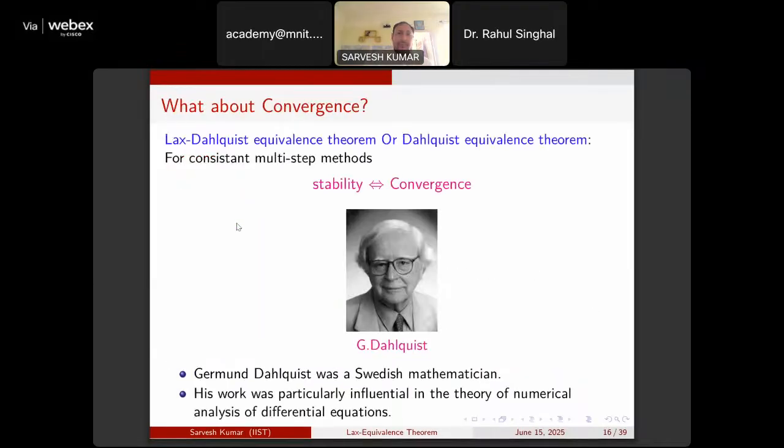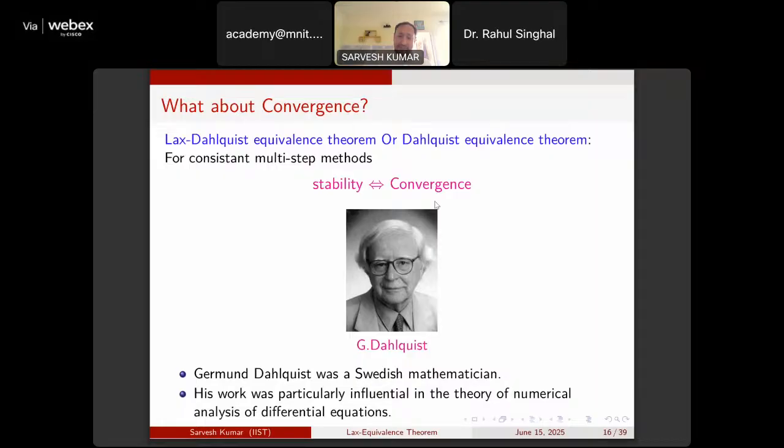Then if you can check the stability, that will give you the convergence. Or if you are not able to check the stability, you can check the convergence, and that will also give you the stability. Means what? For a consistent multi-step method, stability and convergence are actually equivalent. If you have one, the other will follow.